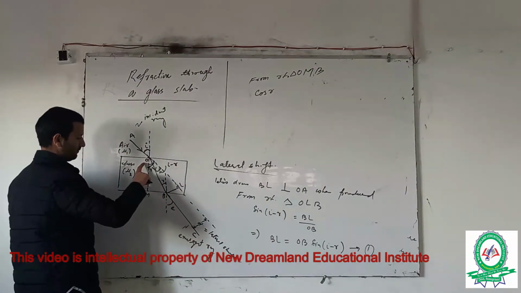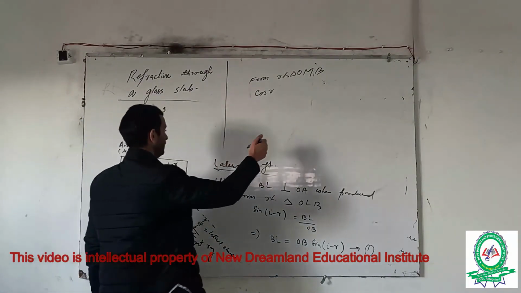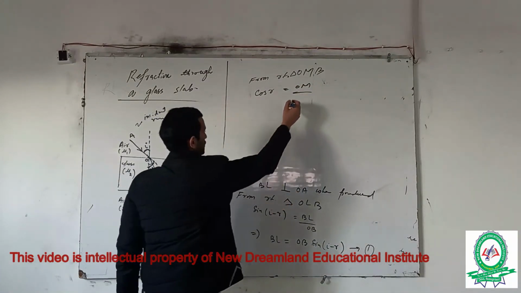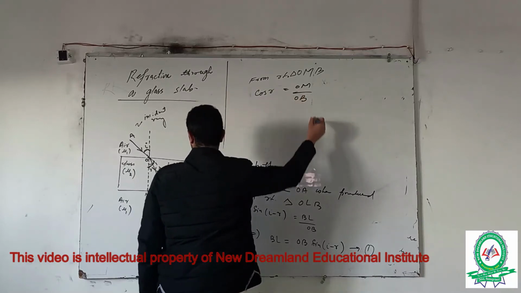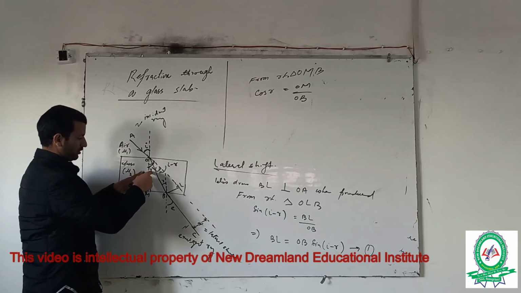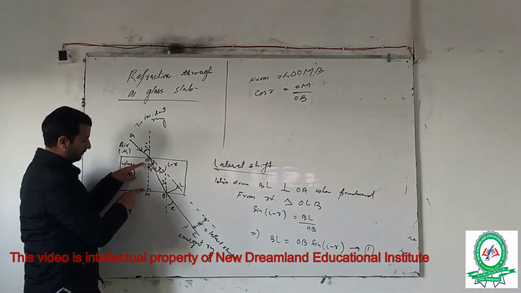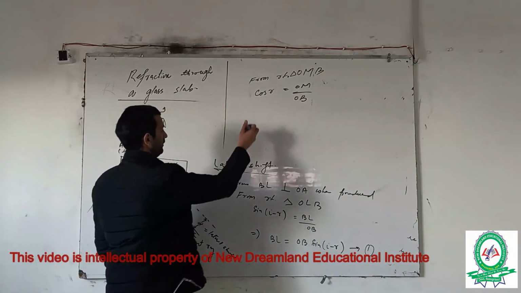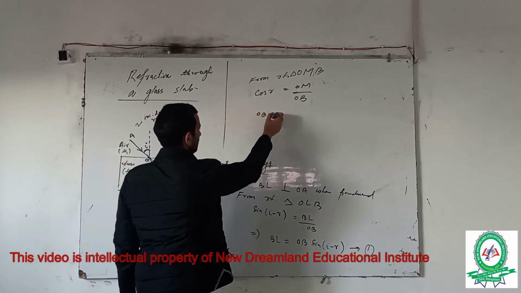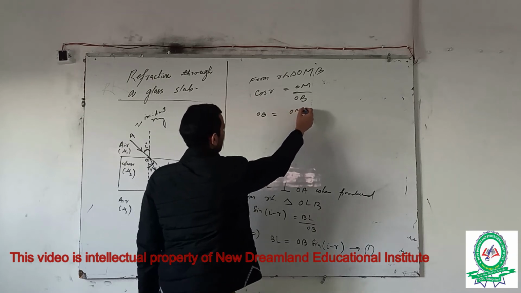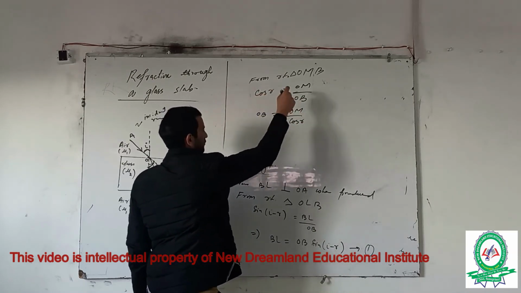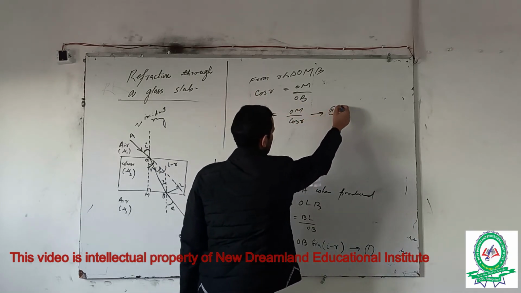Sorry, base is OM, and base OM divided by hypotenuse, which is OB. Cos of R, it is base OM and hypotenuse OB. Or we can write OB equals OM divided by cos R. And let's call this equation second.